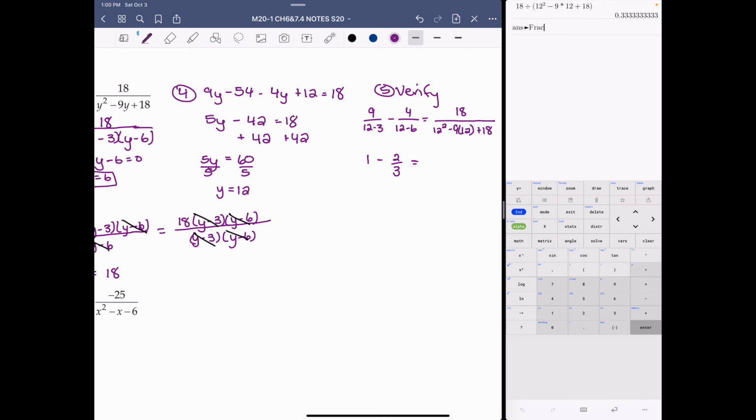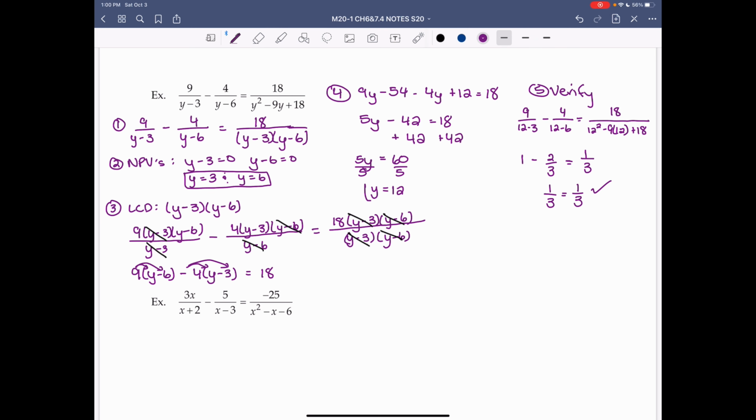We get 1/3, and 1 whole take away 2/3 would leave us with 1/3 equals 1/3. So y equals 12 is our solution.